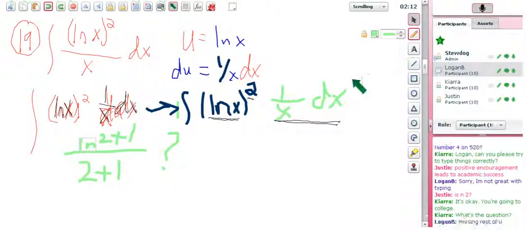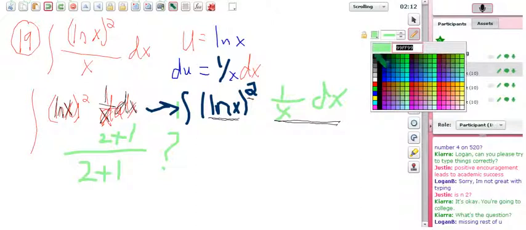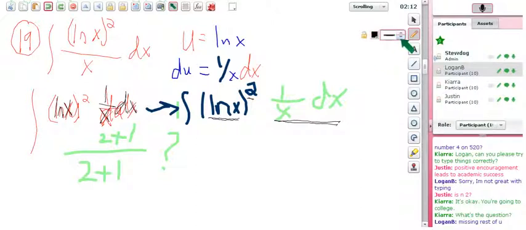The only part is I'm going to take this out. That needs to be the natural log of x. That whole thing is going to be raised to the 2 plus 1. So that would be the natural log of x cubed over 2 plus 1, which is 3.